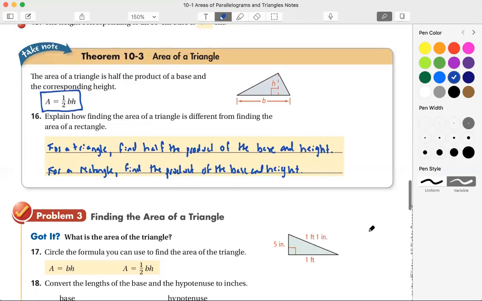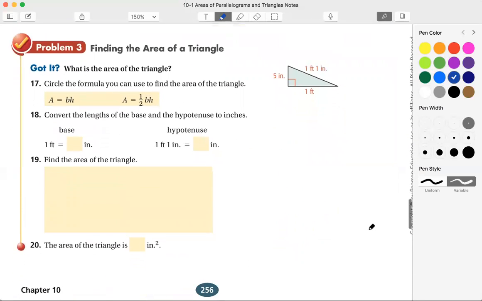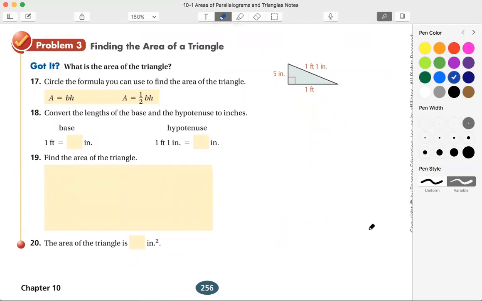Okay. So let's try problem number 3. What is the area of this triangle to the right? Circle the formula I would use, and I would use this formula here. All right, let's convert the length of the base and the hypotenuse to inches. We notice we need to have the same units. So the base, 1 foot equals 12 inches. The hypotenuse, 1 foot 1 inch equals 13 inches.